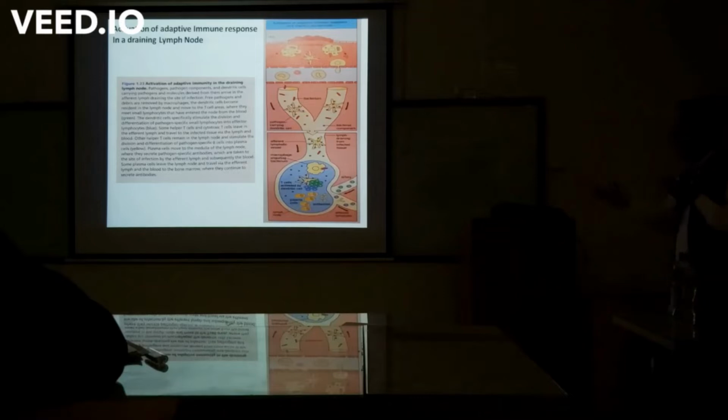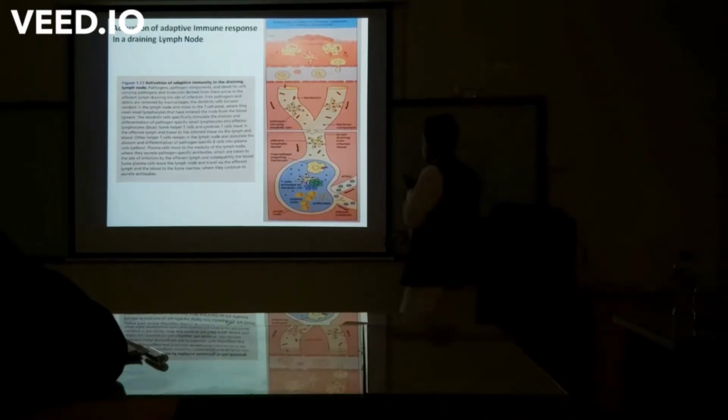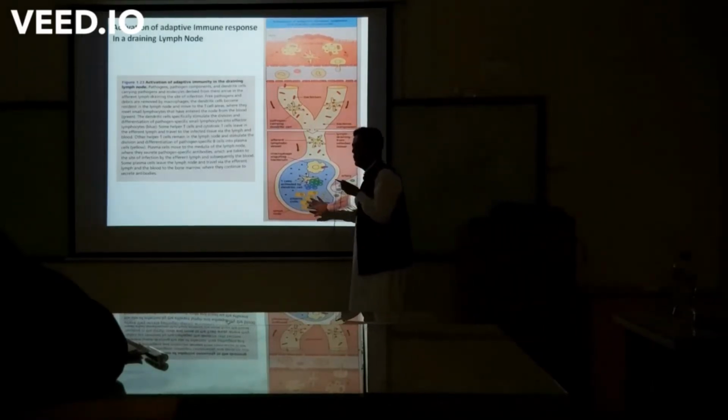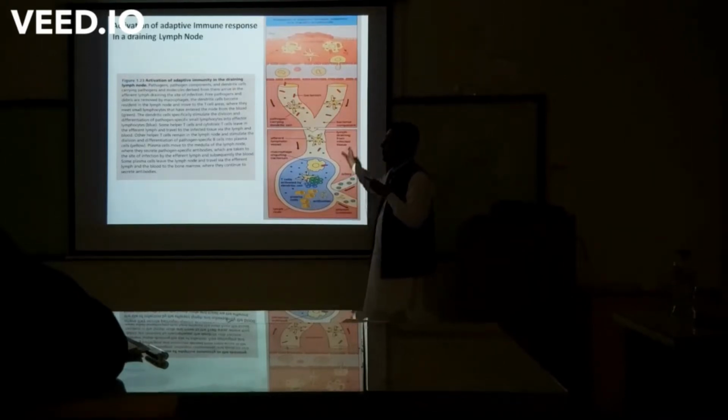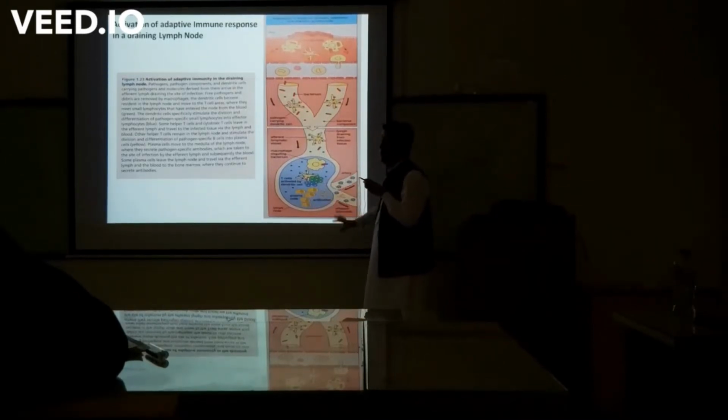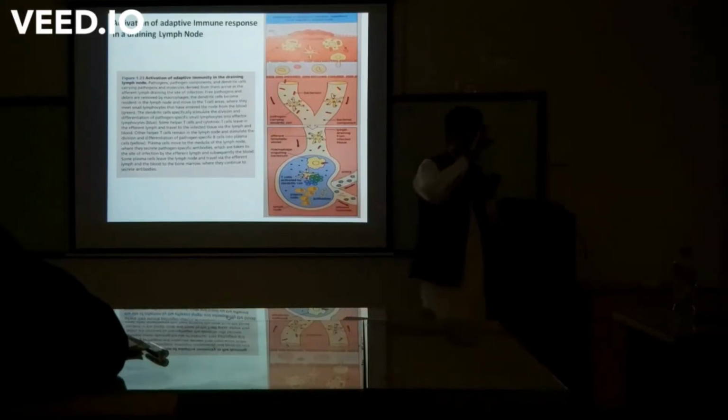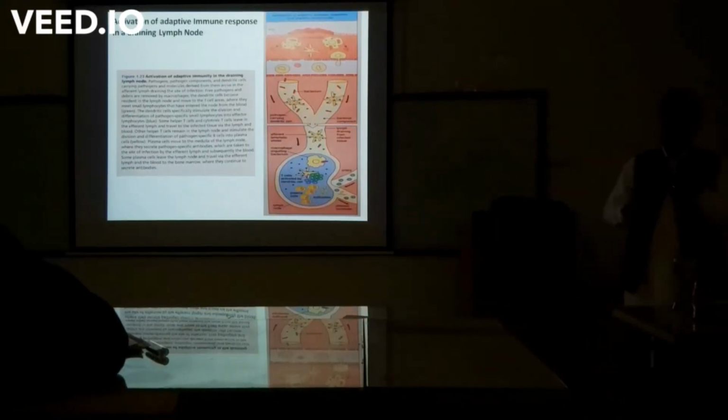And these plasma cells are going to produce antibodies. These antibodies are going to be transported into the circulation, because this is an efferent lymphatic system which is going to take these antibodies into the circulation. So the antibodies have penetration into different tissues.